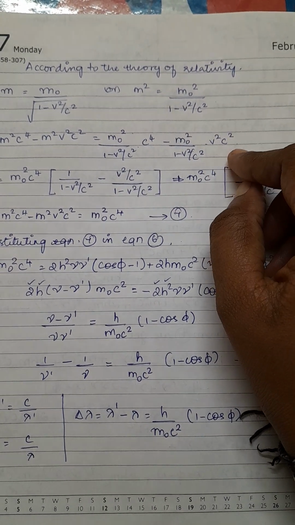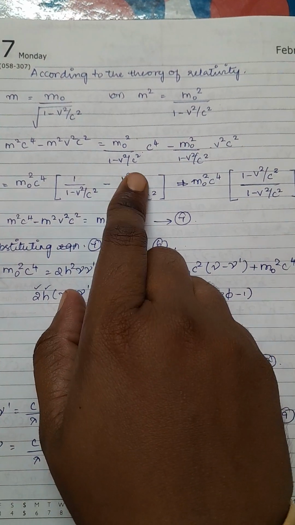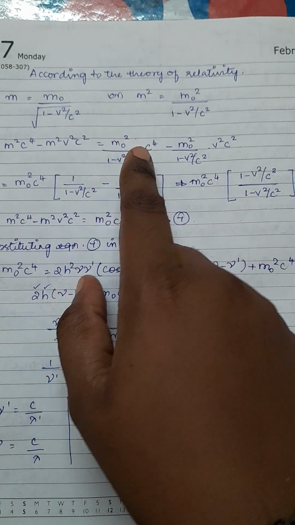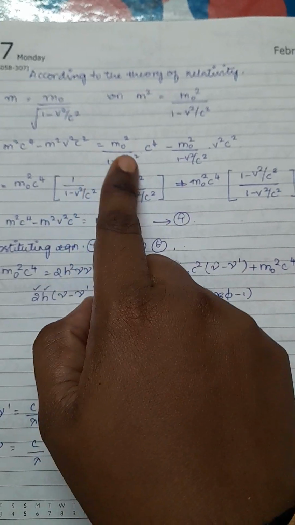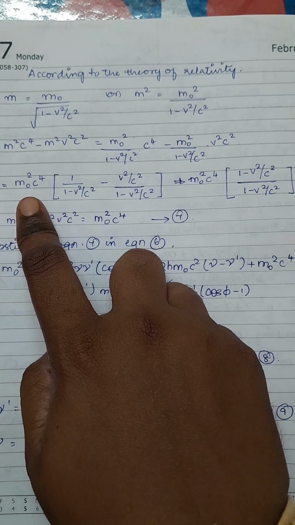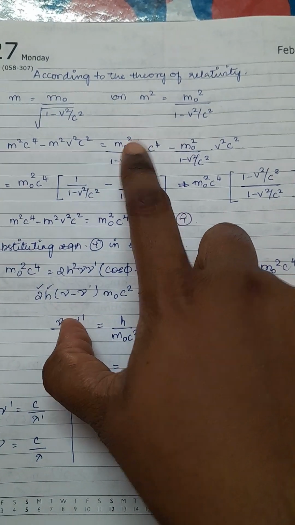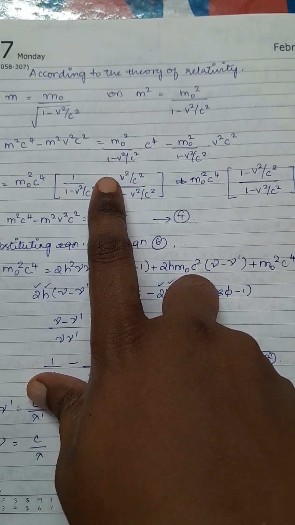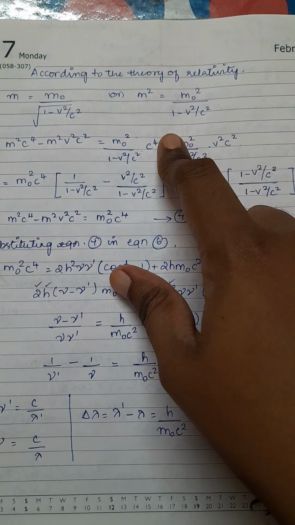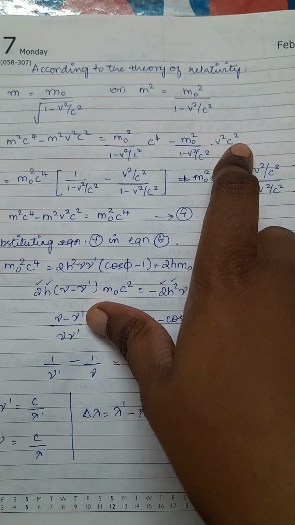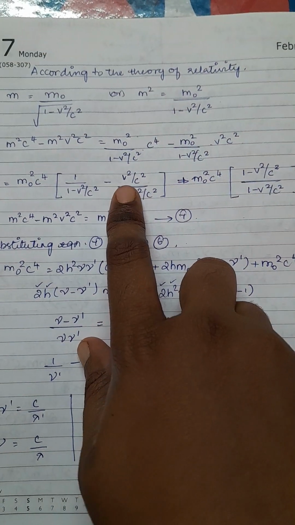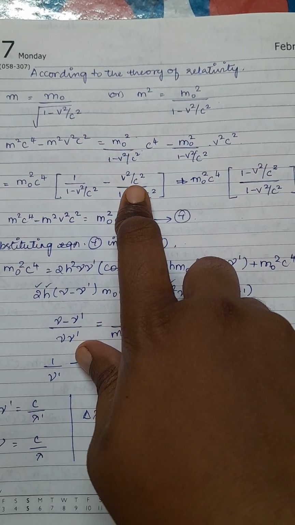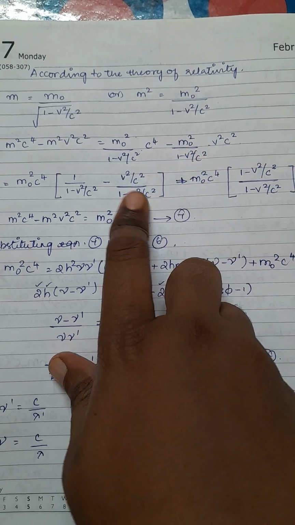We are having only c square, so we can divide that term. What will happen to the first term? If we take m naught square c power 4 as common outside, we will get 1 in the numerator and the denominator will be 1 minus v square by c square. Similarly, coming to the second part, we have m naught square, whereas we have only c square, so we are dividing c square. So v square by c square, again the denominator part will come as such.